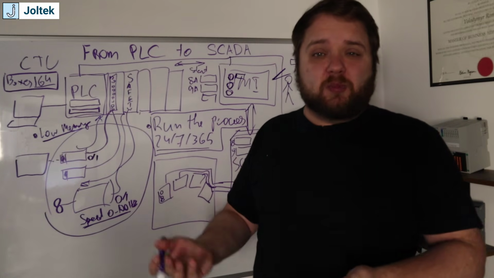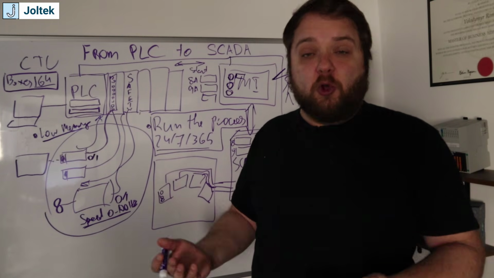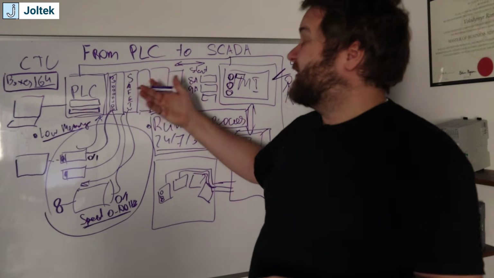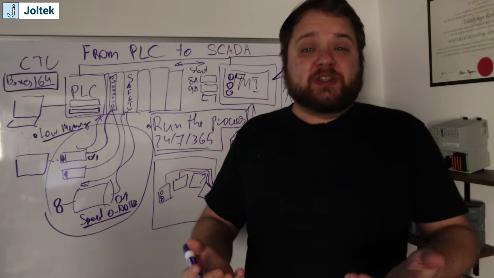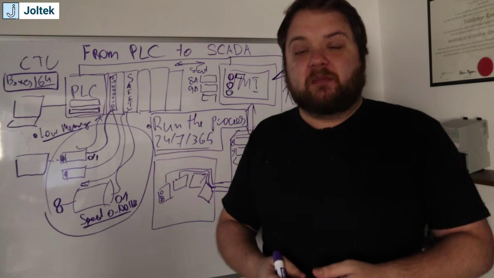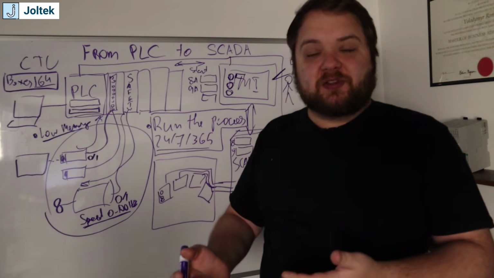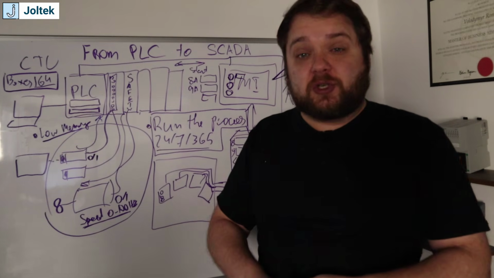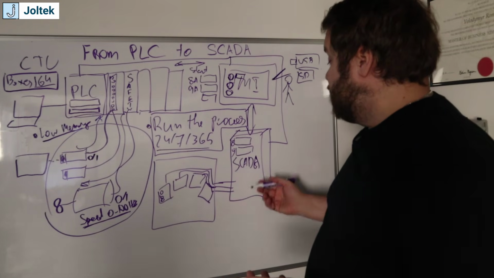You can deploy a small database on your local HMI that will store some of the data you're collecting from the PLC. Once again, you do not have the same cost on data as you would with a rack-mounted server solution that you will typically see for SCADAs.